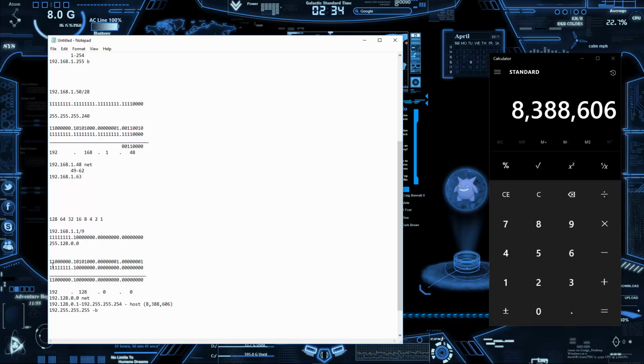And doing this, basically what I found is the net is 192.128.0.0, and the broadcast is 192.255.255.255.